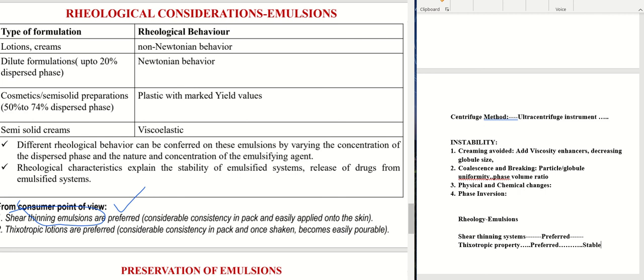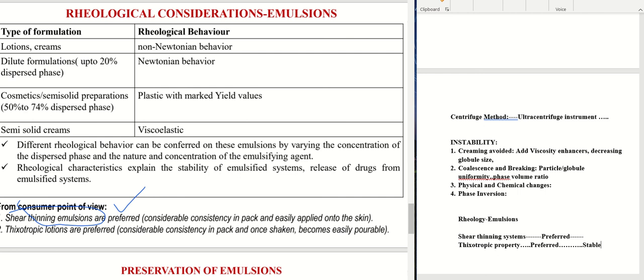For example, the same example which we referred to for shear thinning emulsions. When we keep the lotion undisturbed for some time, what happens? All the particles or all the lotion will come together. They form a gel consistency, a thick mass, right? And when we shake the container, all the molecules or particles get loosened up and it becomes easily pourable.